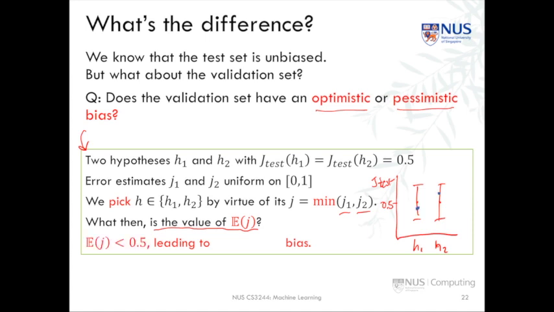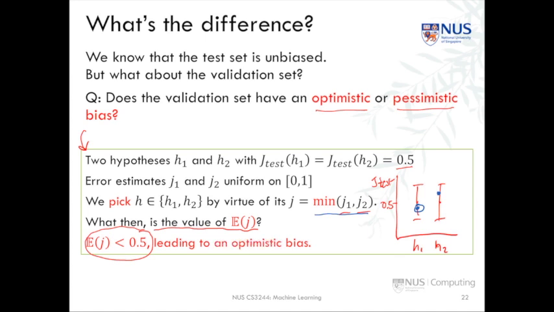We only need one of these points to be lower than 0.5 for us to take the minimum, and for that minimum to be less than 0.5. So we can see indeed that the expected value of the cost would be less than 0.5. And because the original estimate of each of them separately is 0.5, this would lead to an optimistic bias.